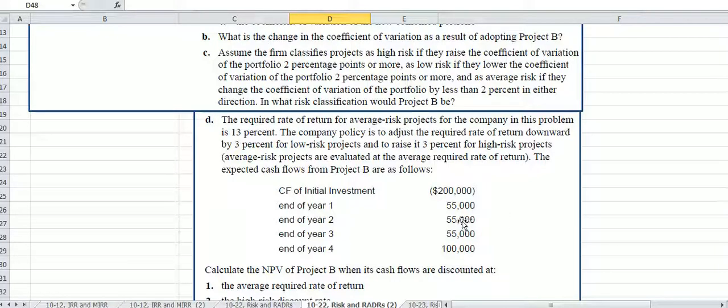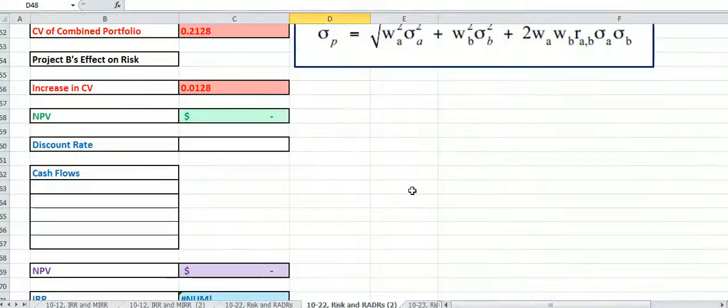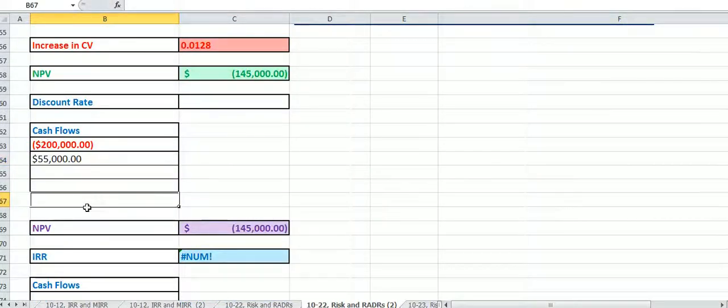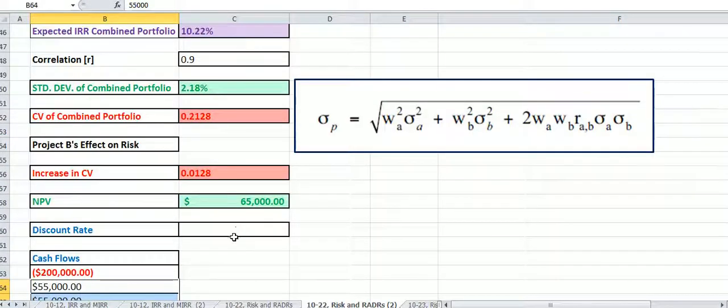So let's put in these cash flows: negative 200,000, and 55, 55, 55, and 100. Let's jump down here and put in our cash flows right here, and a discount rate of 13% right here.